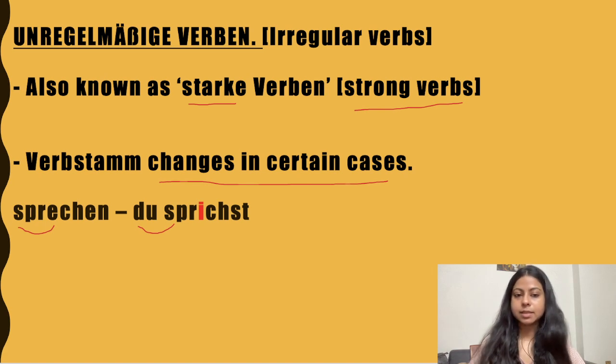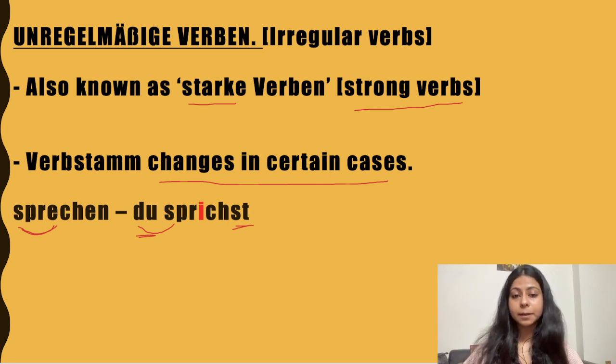So in this case, we have taken the verb sprechen. Sprechen is an irregular verb. Sprechen means to speak. In this case, du is the subject and the ending is st. The change in the verb stem will take place, but the ending remains.